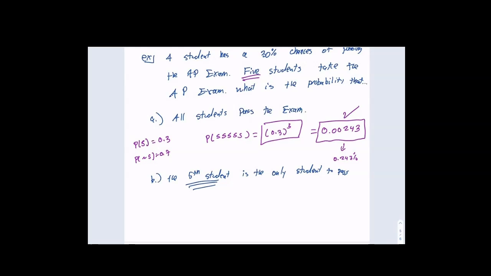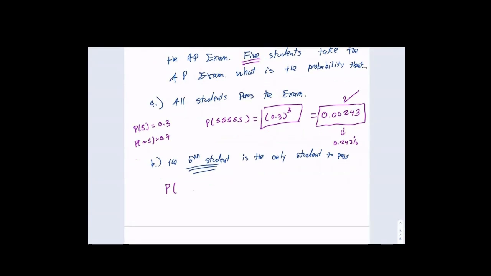The second student, the third student, the 4th student, and then the 5th student. Okay? So, in other words, I'm trying to find the probability of what happens. So what happened in the exam? What were the outcomes? 4 failures and 1 success.